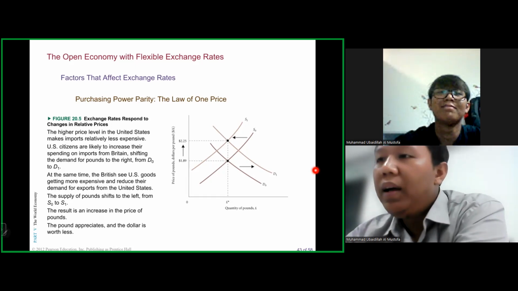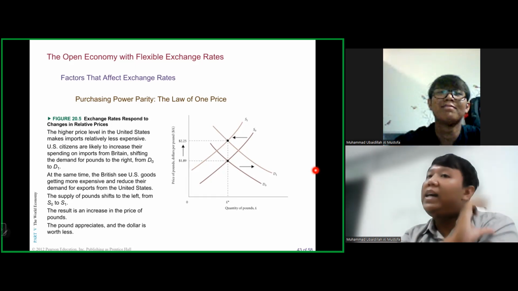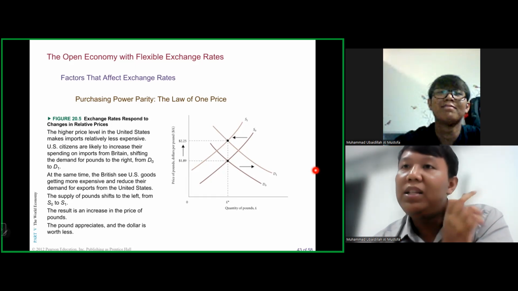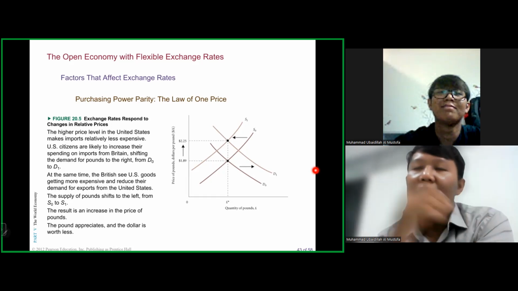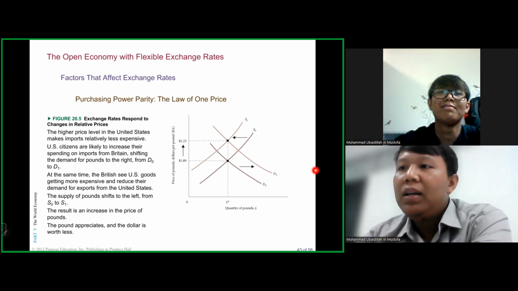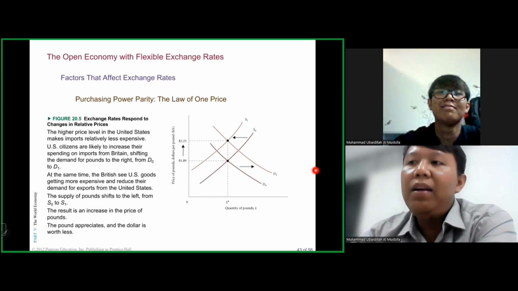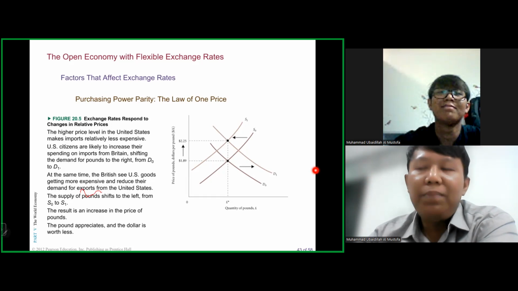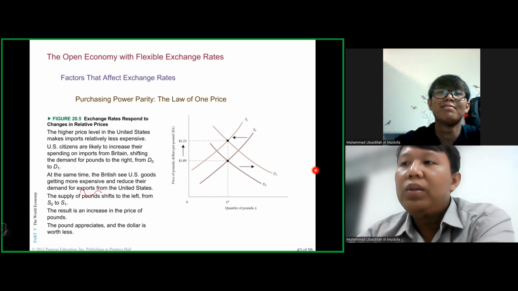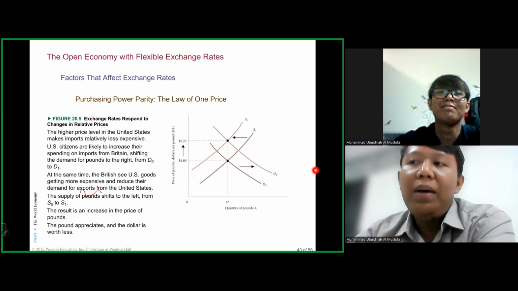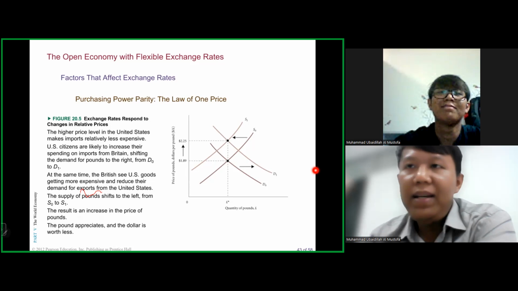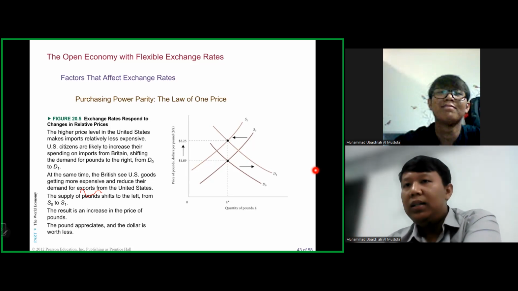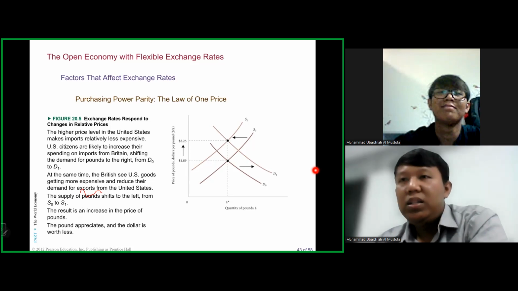The increase in the price of these goods will make foreigners, the British, reduce their demand for our exports. Because they are not demanding US dollars, they will not need to exchange pounds for them.